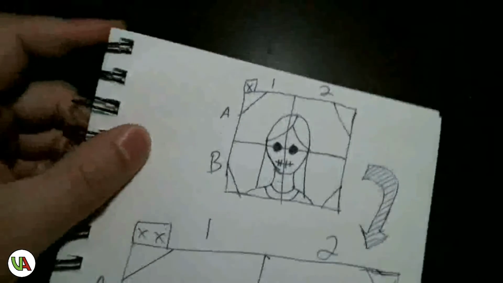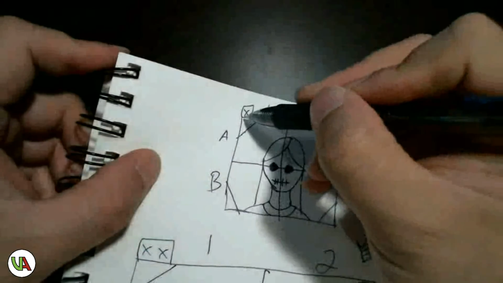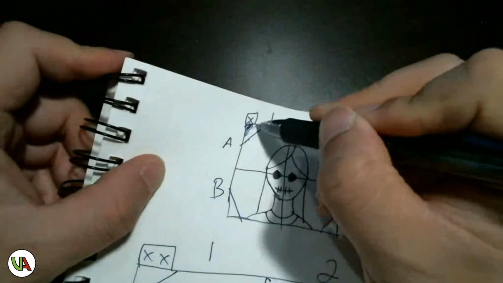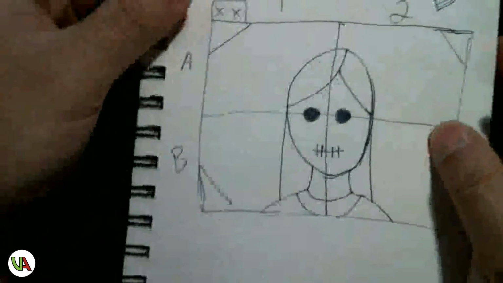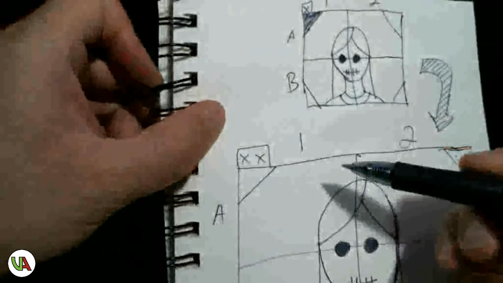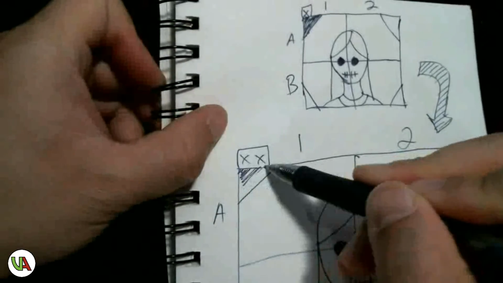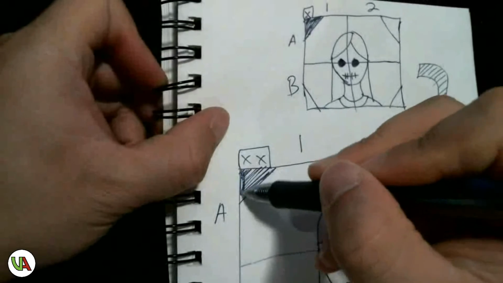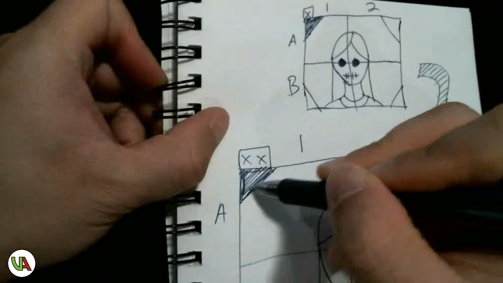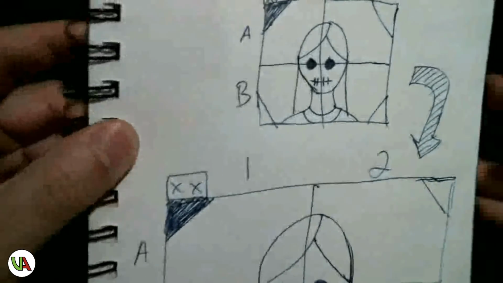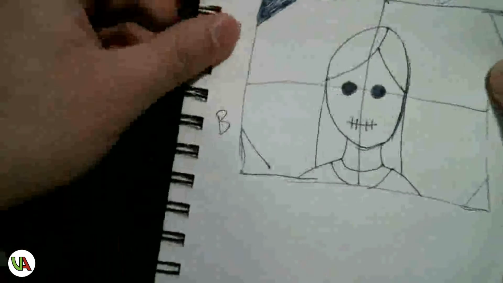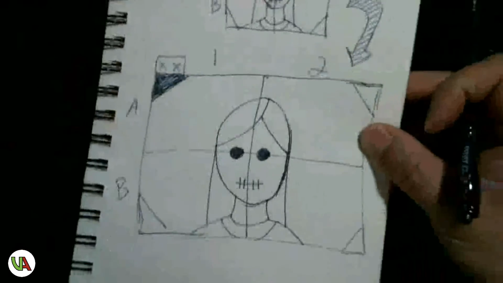That's it. So if you color in A1, you also have to make sure you color in A1 down here in the bigger box. So that's how you keep things consistent.